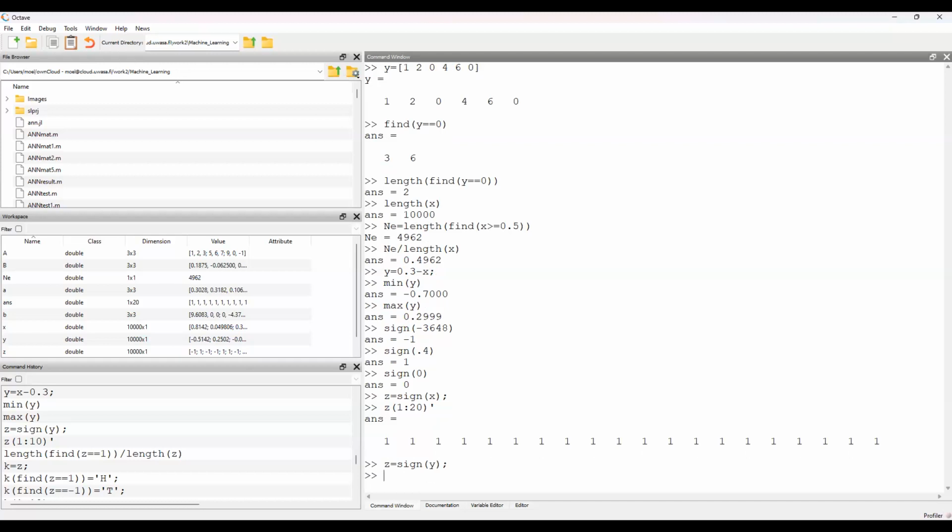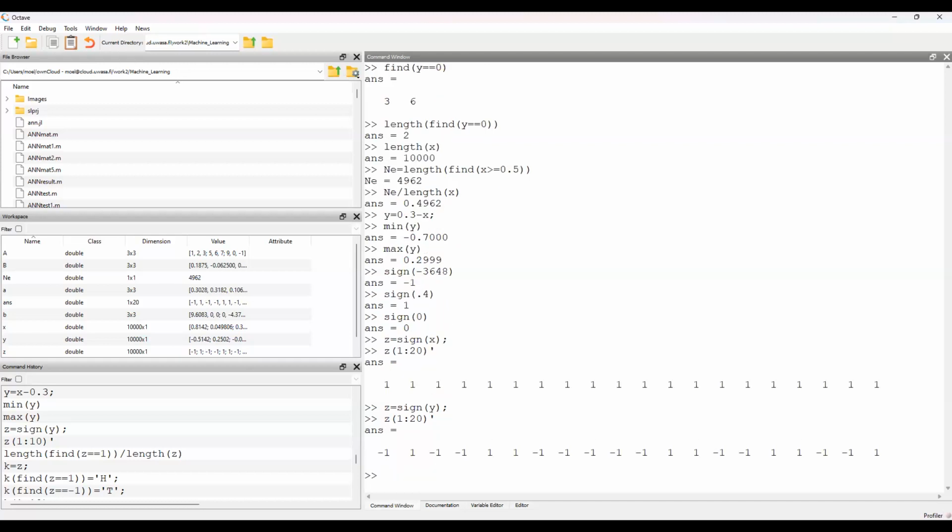But now it will be different. So yes, you can see now you have -1, you have 1, -1, 1, -1, 1, and so on. So -1 means tail, +1 means head.